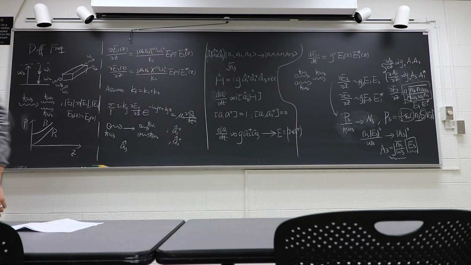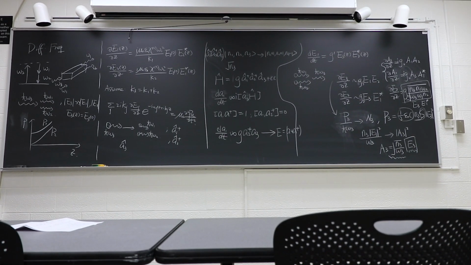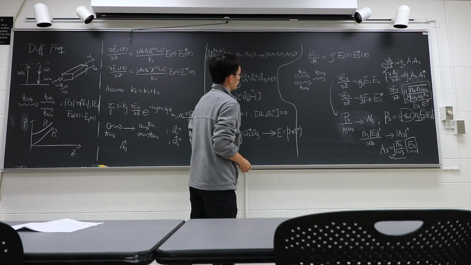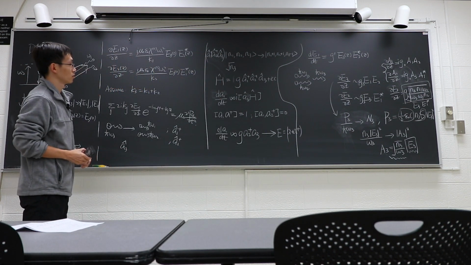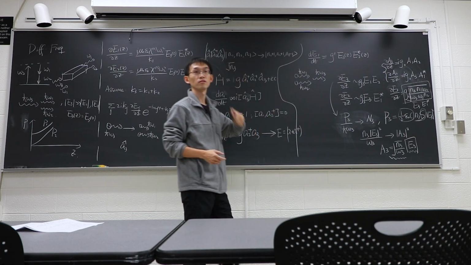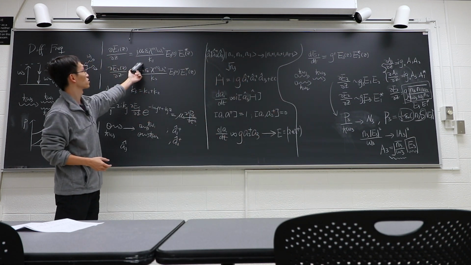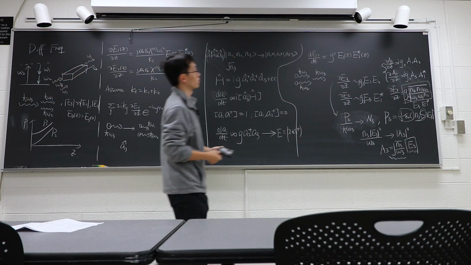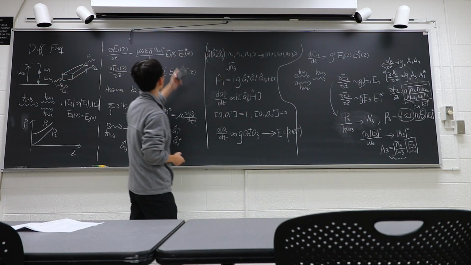Okay. So for you guys, I think this is a very helpful check, right? When you write down something like this, you can check if your result makes sense or not by looking at this.